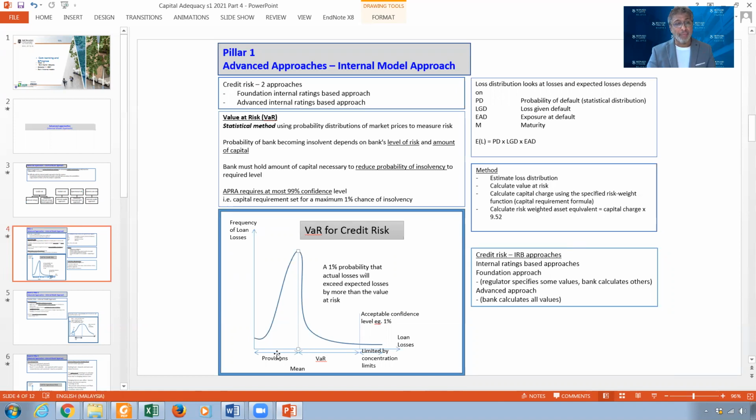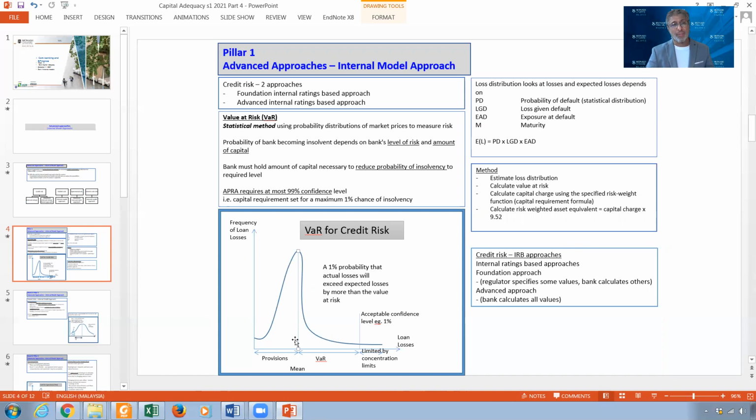So up to this area, which is the mean, this area is covered by our provisions. But from here to 99%, if you are taking a confidence level of 99%, all of this is actually the capital you need. So if this is 15% here, now part of it is covered by the provisions.